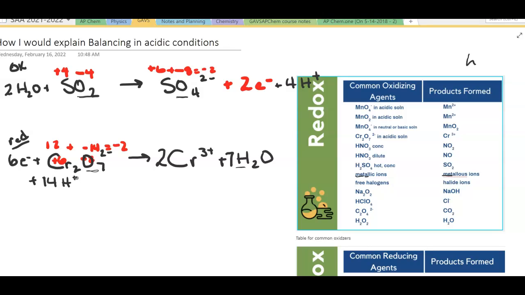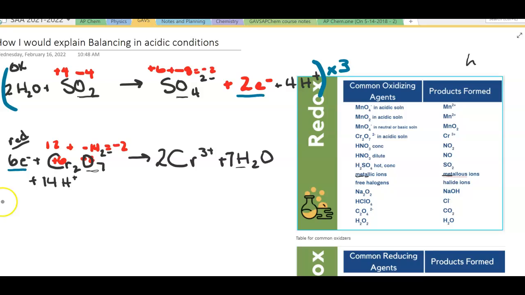Now, let's balance electrons. In order to balance the electrons, I'm going to see that I have 2 liberated in my oxidation, but my reduction requires 6. So that means everything in this reaction needs to be multiplied by 3.